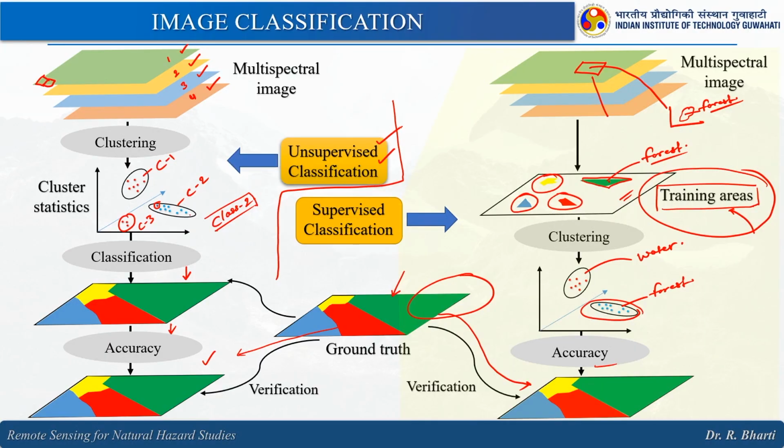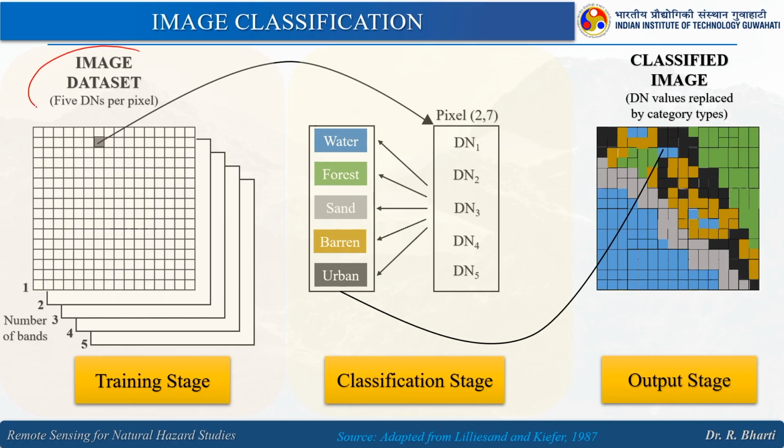So, we have learned the unsupervised and then the supervised classification technique. The same thing is explained here. Here we are having this pixel, and for this pixel we are having all these values from different bands, right, and these pixel values will be used to classify this image. I hope you understood this. Here we are having 5 bands.